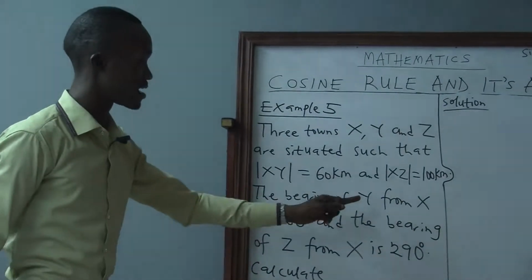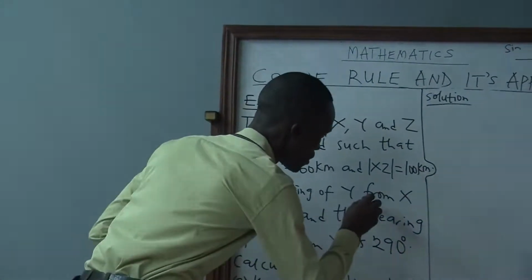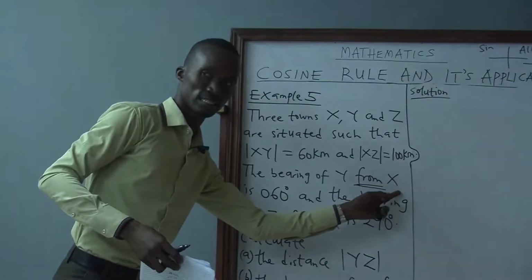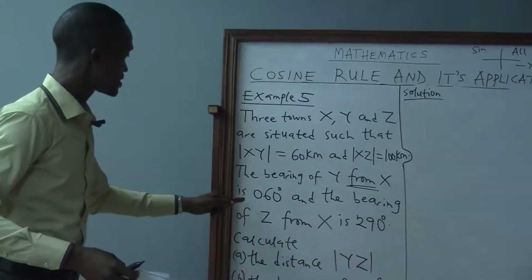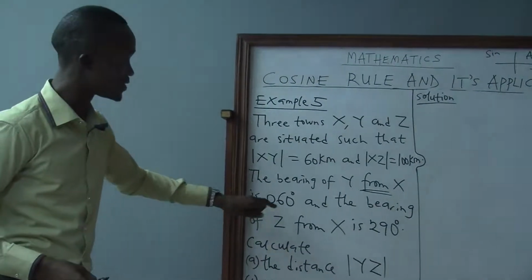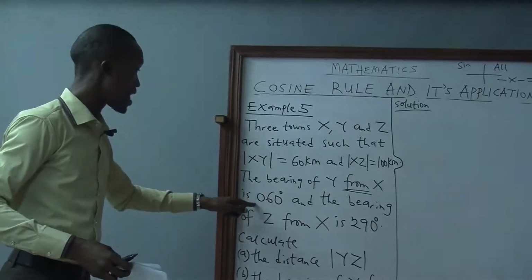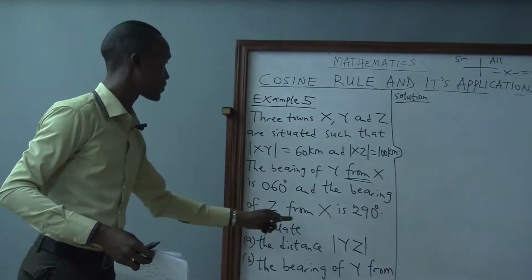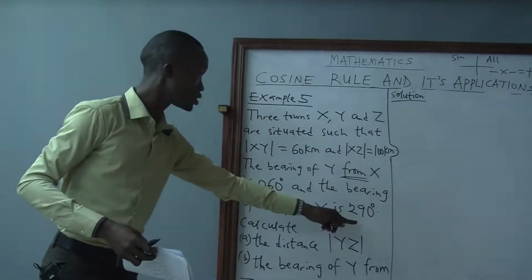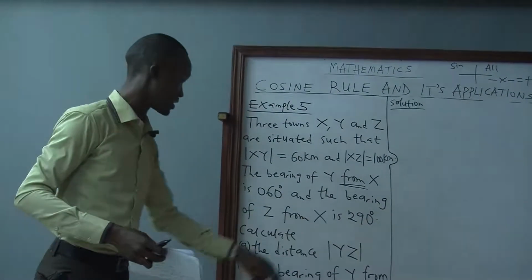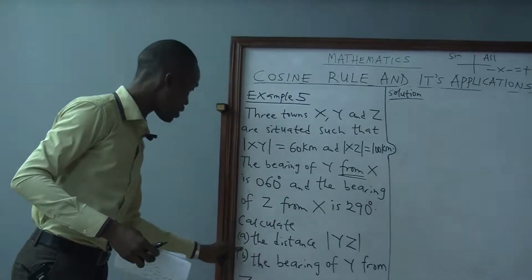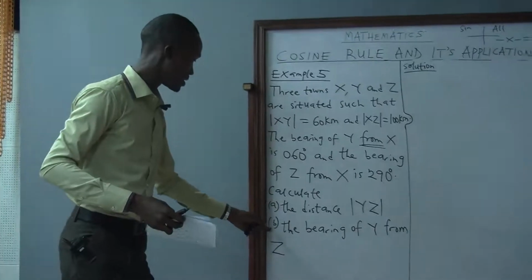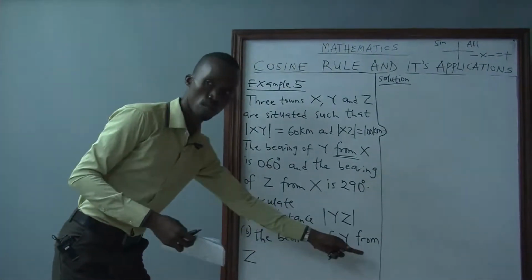The bearing of y from x, and that word from is very important, we have to take it from x, not from y, is 060 degrees. The meaning of this 060 is that the bearing is a surveyor's bearing. And the bearing of z from x is 290 degrees, which is also a surveyor's bearing. We have to calculate a, the distance yz, and also the bearing of y from z.